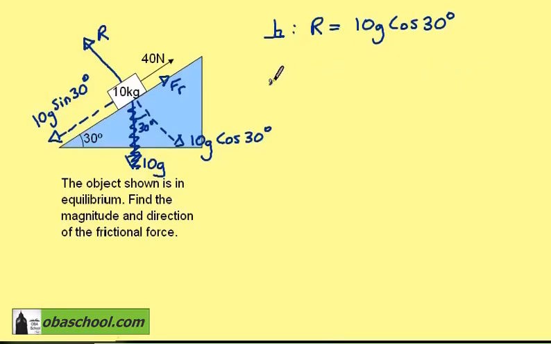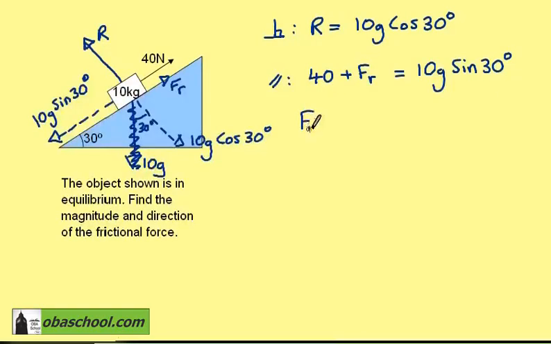Now considering parallel to the plane, we have 40 and friction acting up the plane, and 10g sin 30 acting down the plane. Once again, for the object in equilibrium, these must balance out.